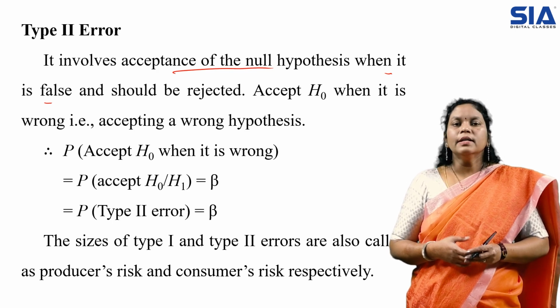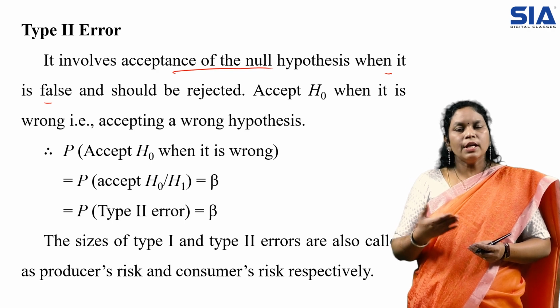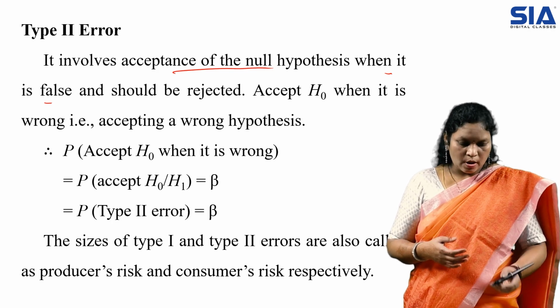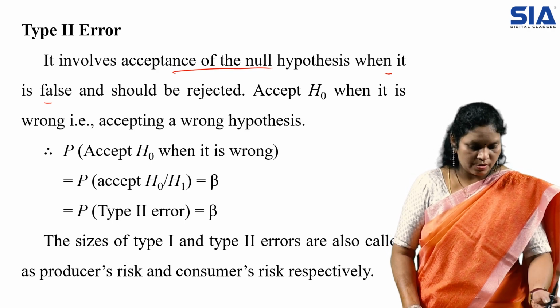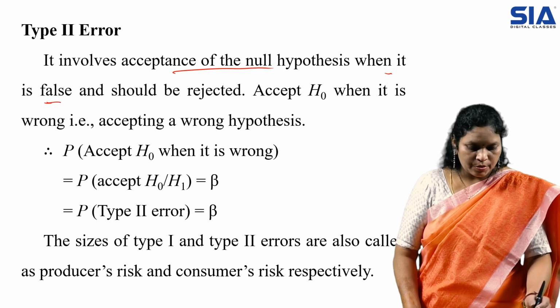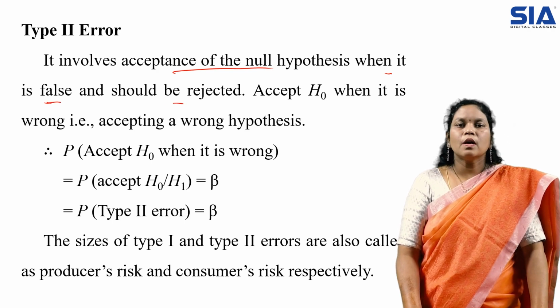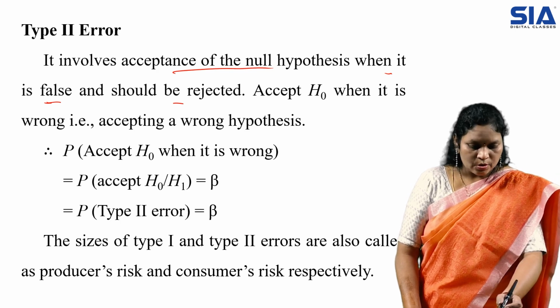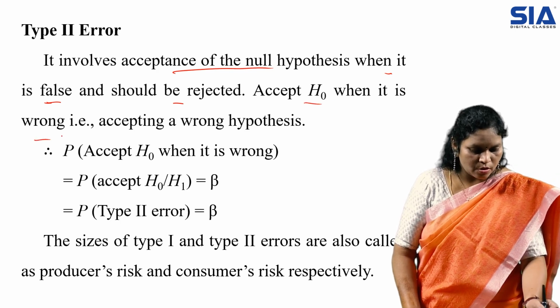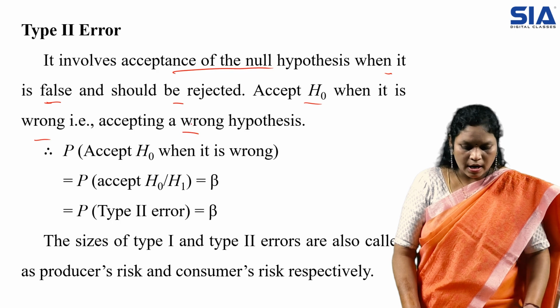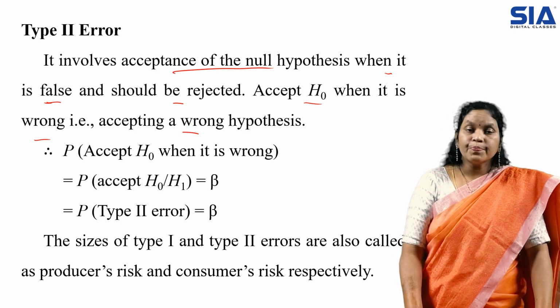That becomes a type 2 error. So accepting a null hypothesis when it is false is your type 2 error. Actually it should be rejected, but we are accepting it, so we call it type 2 error.